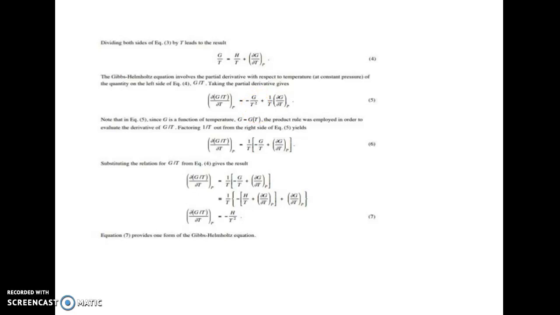The partial derivative at constant pressure of the quantity on the left side, that is G by T, will become minus G by T square plus 1 upon T (dG/dT) at P. From this equation we know that G is a function of temperature, G equal to G of T.